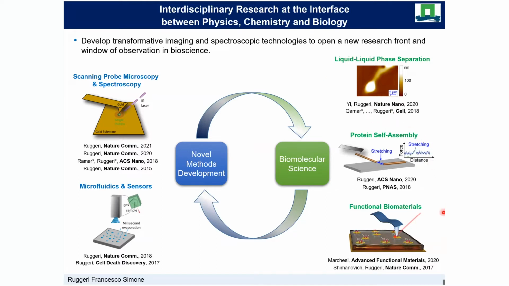As well as studying these materials in life and disease, we are interested in understanding how protein self-assembly can be used to produce functional biomaterials. So today I will talk about how we use AFM and infrared nanospectroscopy to reach this objective.